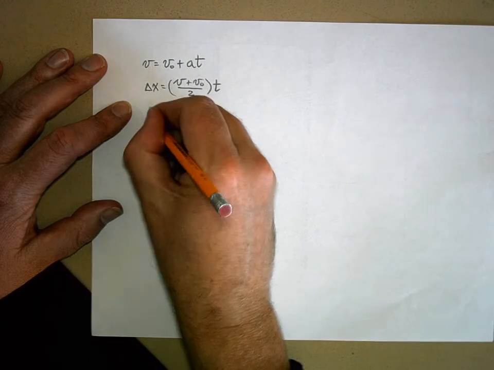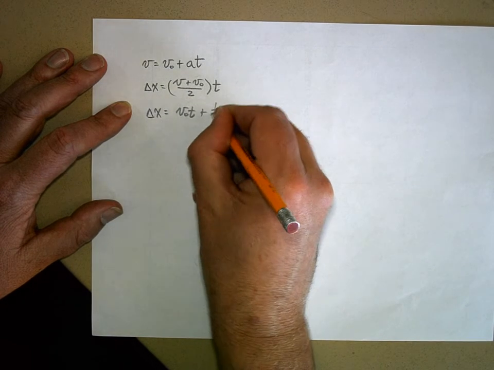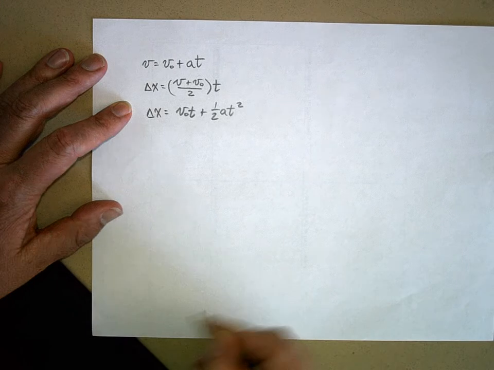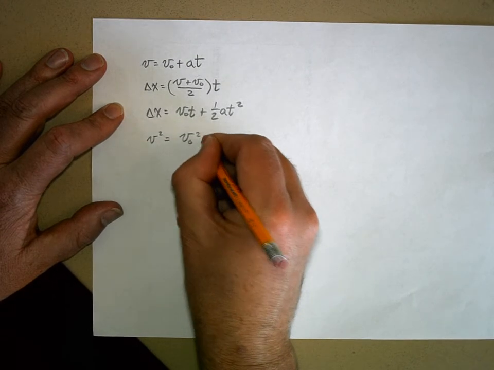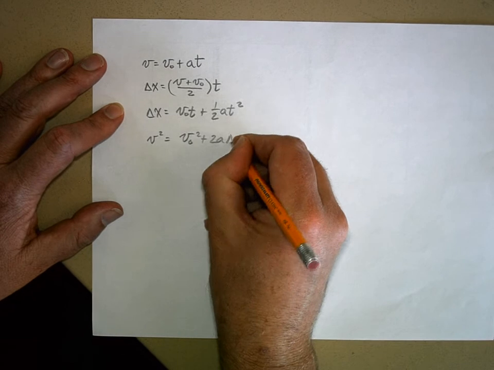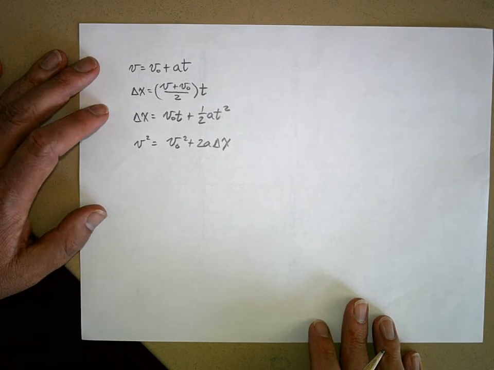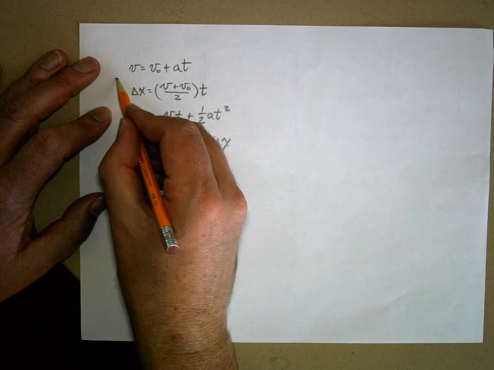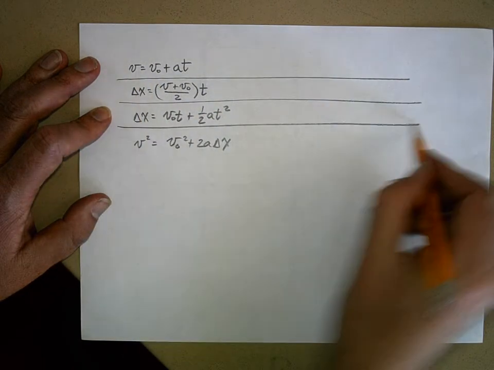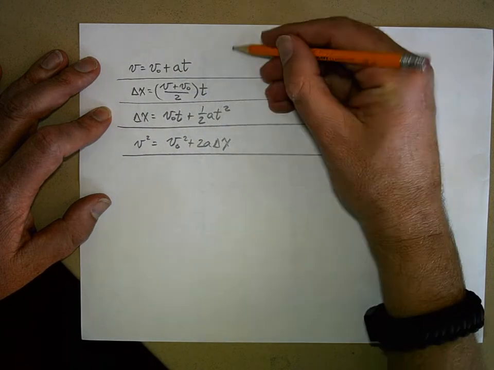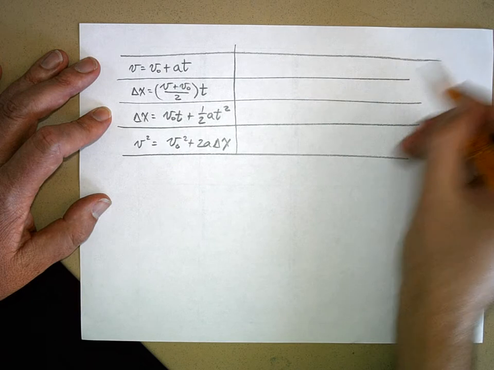Then the third one was delta x equals v naught t plus 1/2 a t squared. And then the fourth one was v squared equals v naught squared plus 2a delta x. So I'm going to make a little chart here.